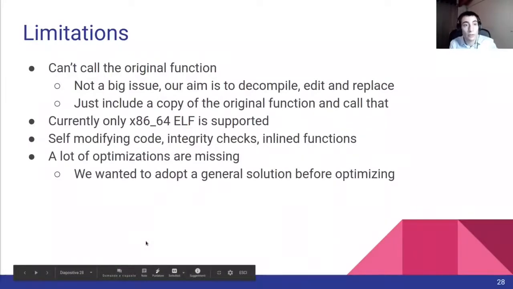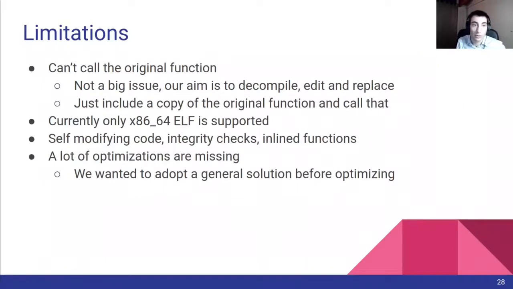Now, I want to end by being forthcoming about some limitations that we currently have. The first one is that we cannot call the original function because we are altering it, either by overwriting it in case of an in-place patch, or because we are detouring it by placing a jump at the start.